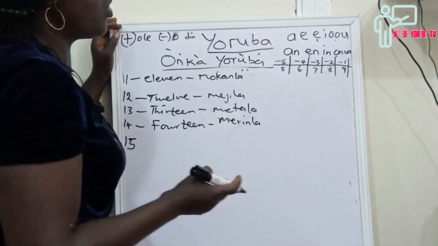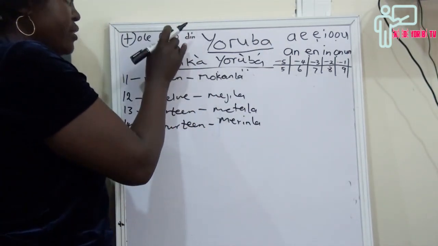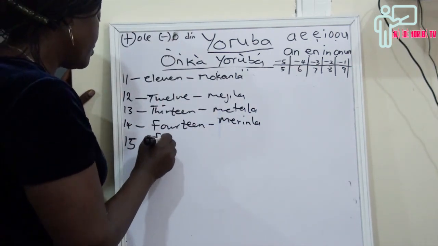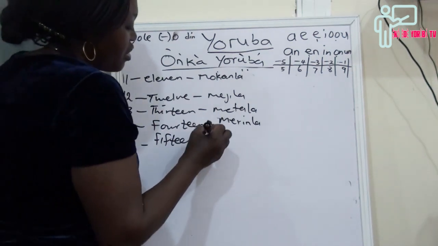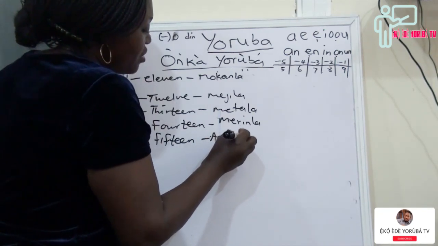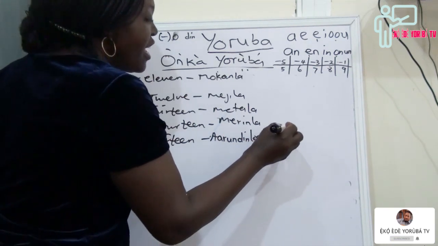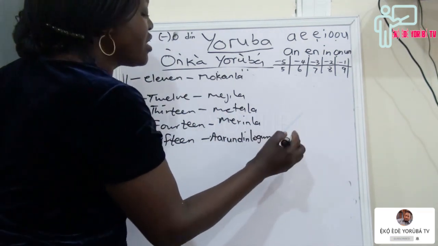Minus means dín. So 15 will now be àrún-dín-lógún, or àrún, ẹ̀ẹ́dógún.